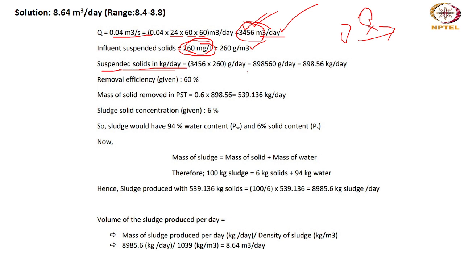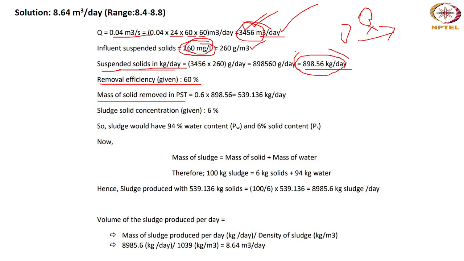So I'm getting around 8,98,560 gram per day, right? And we can convert this into 898.56 kg per day. Now the removal efficiency was given as 60%. So the mass of solids removed in the primary settling tank, how much is removed?